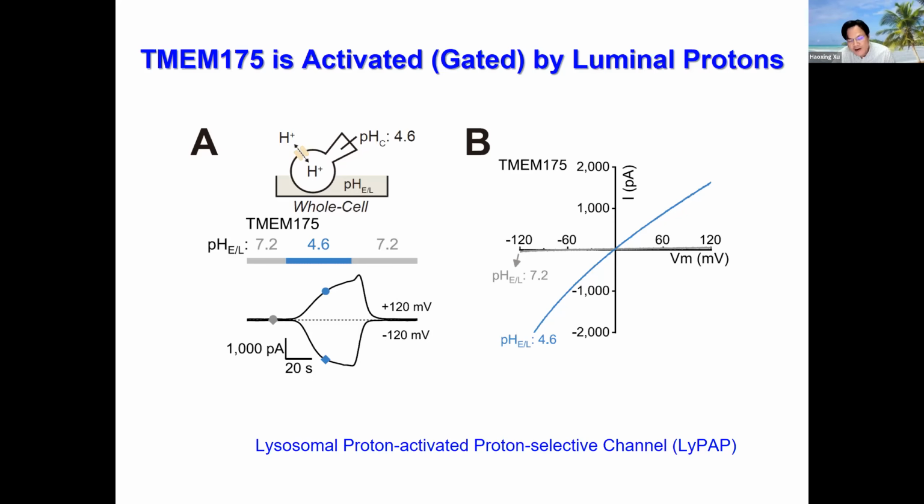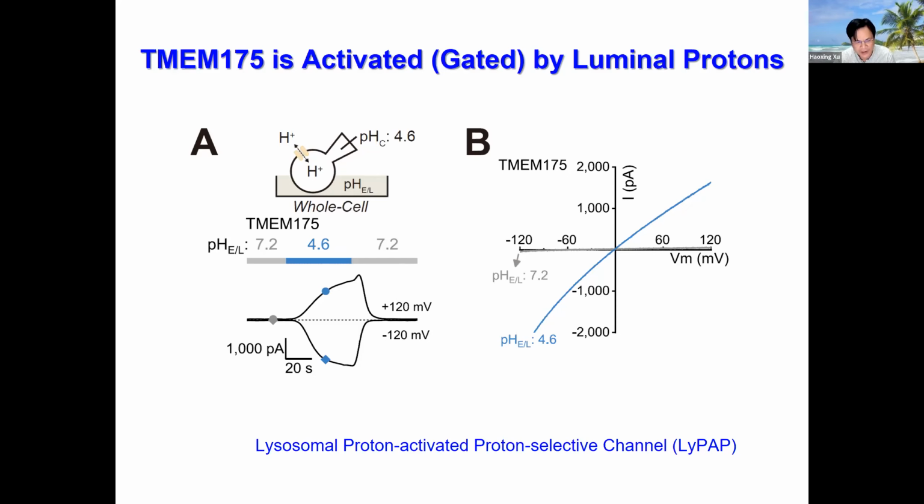So if we assume the channel is a leak channel, we could do one experiment to test this. We can simply reverse the proton gradient. That means pH 4.6 on the cytosolic side, but pH 7.2 on the luminal side, in the lysosome recording. So this is the so-called reverse pH experiment.